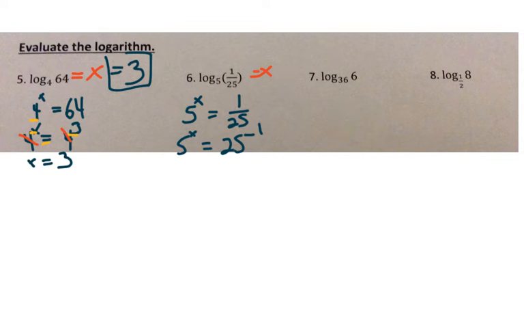And then again, we need to make our bases the same. So I can rewrite that 25 as 5 squared, and since it's already a negative 1 up there, it becomes 5 to the negative 2. Then your bases can cancel out since they're the same, and we get x equals negative 2. So log base 5 of 1 divided by 25 is negative 2.